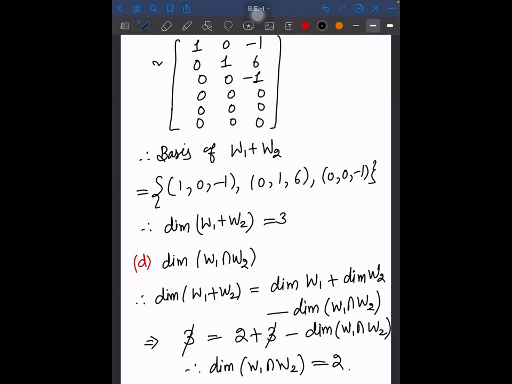In those questions, we were not able to find the basis of W1 plus W2. But here we are able to find the basis of W1 plus W2. Because those questions involve a few conditions. And if you take the common condition, you can easily reach W1 intersection W2. But there was no way to reach the basis of W1 plus W2, right?